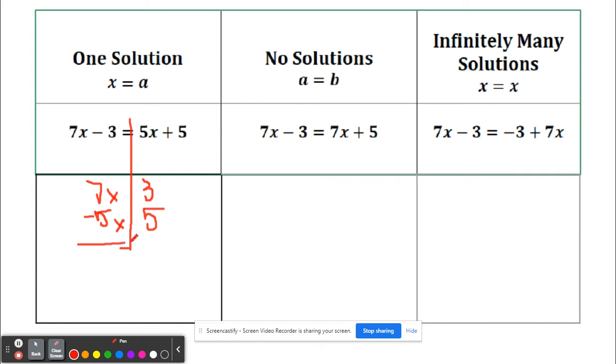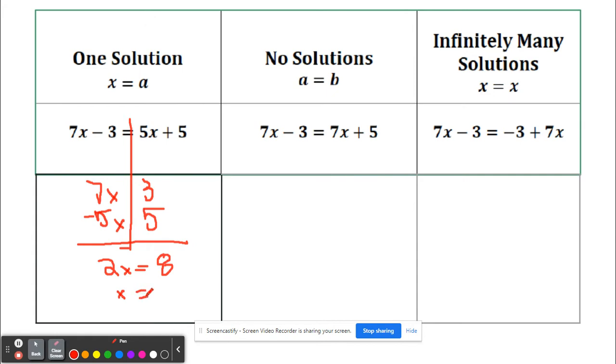When I simplify it, I'm going to say 7x plus negative 5x is going to be 2x. We're going to bring our equals down, and we've got 3 plus 5, which is going to be 8. And then we're going to do 8 divided by 2, which is going to mean that x equals 4.